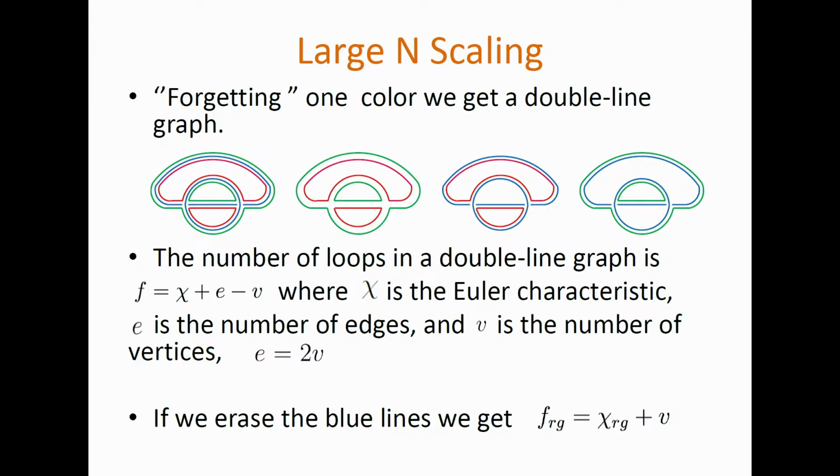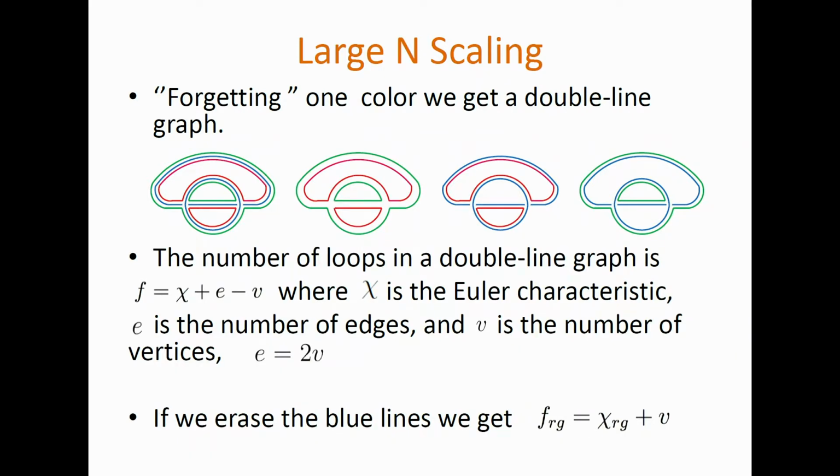So the number of index loops in the red-green graph is just the Euler characteristic of the red-green graph plus 2v minus v. Very simple, right? You just erase the blue loops, and then you do what you do in the matrix model.